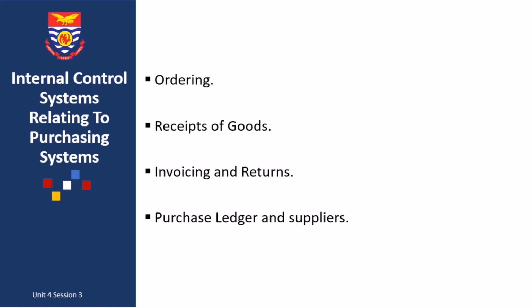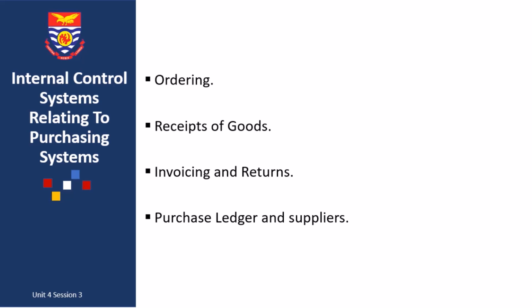Now all orders should be authorized by a responsible official whose authority limit should be predefined. So you should have a limit. If the amount you are going to order is above your limit, then it has to move on to the next person. Now, major items such as capital expenditure should be authorized by the board. So the board has to do this authorization.